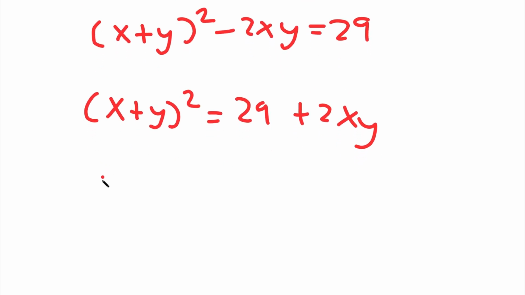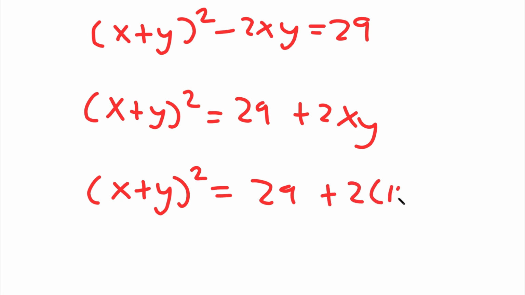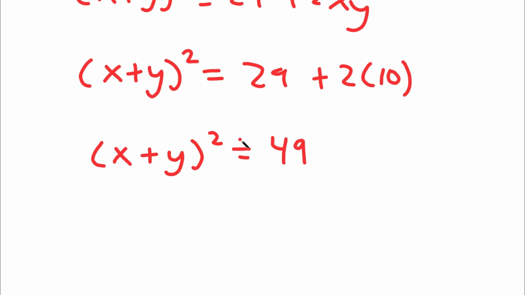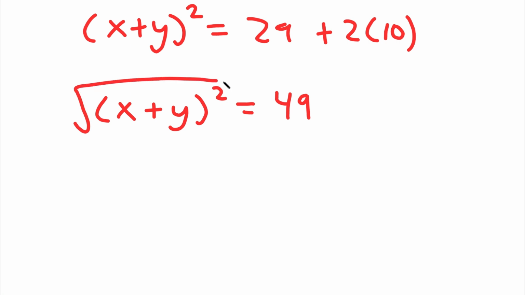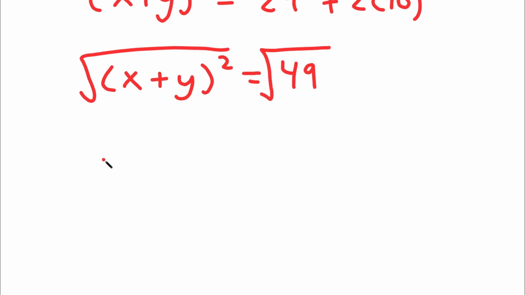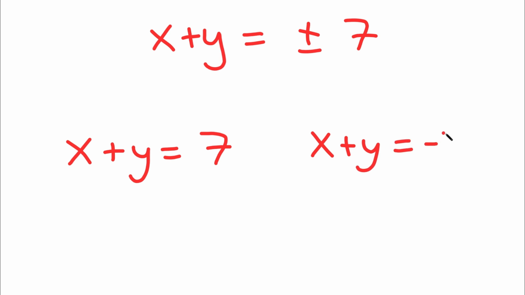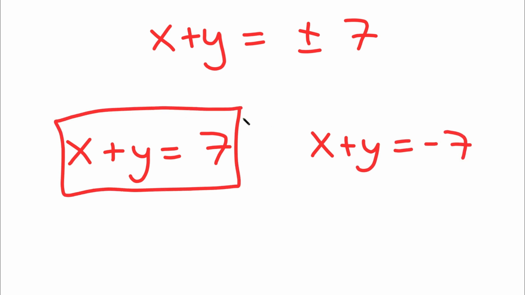Now x times y equals 10, so I have x plus y squared is equal to 29 plus 2 times 10, meaning x plus y squared is equal to 49. So if I take the square root on both sides, I get x plus y is equal to positive or negative 7, meaning that x plus y is equal to 7 and x plus y is equal to negative 7. So these are my two solutions.